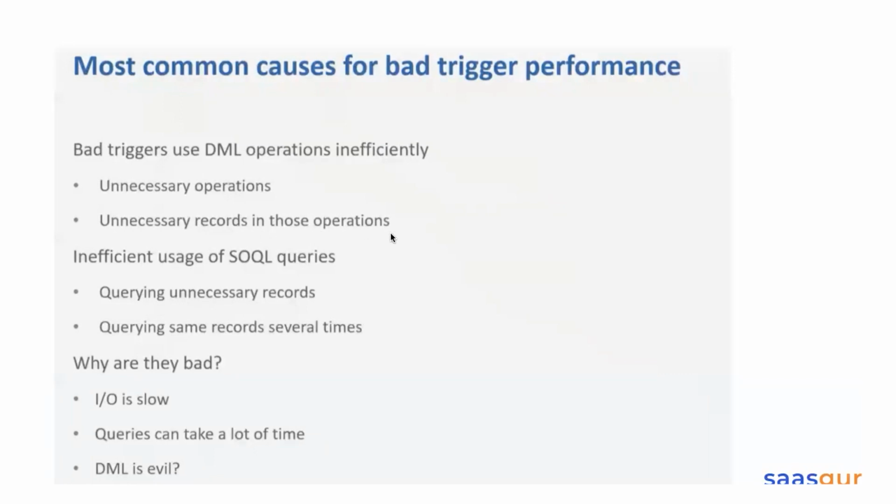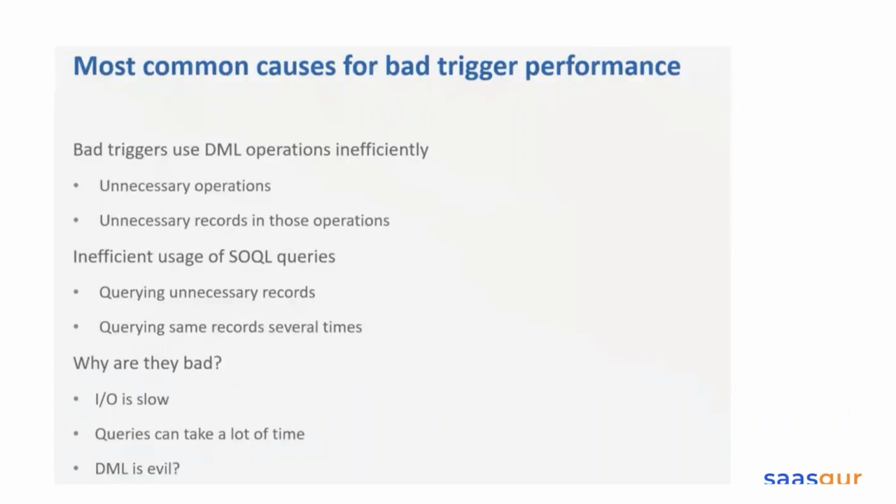Maybe I need to update only 5 records, and I am using DML on the list of records where maybe 10 records are there. SQL query I'm not using properly. I need 5 records, but my SQL query is returning more than 50 records, meaning the where clause is not proper. Maybe input output is slow, and I can say here also my SQL query is taking more time.